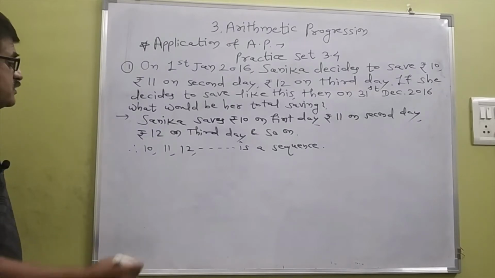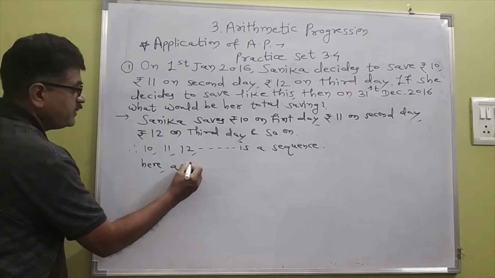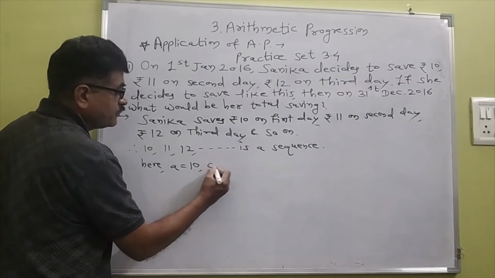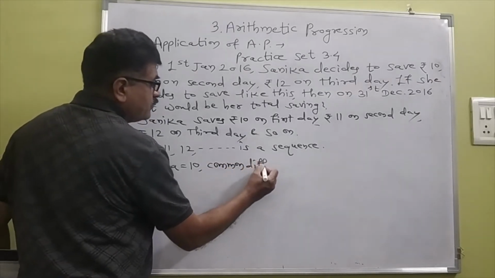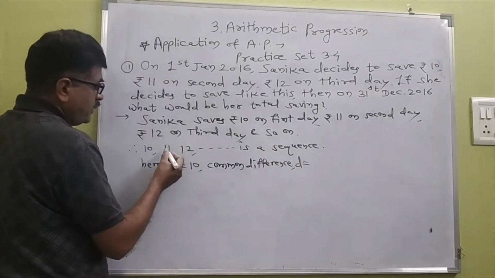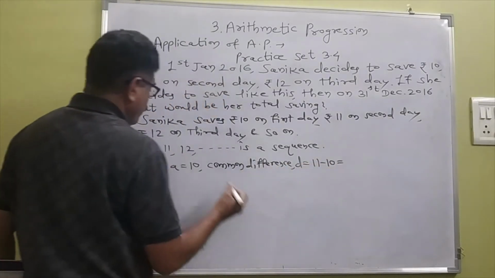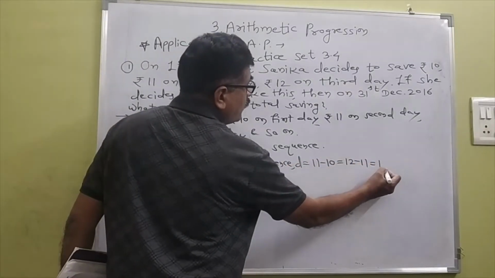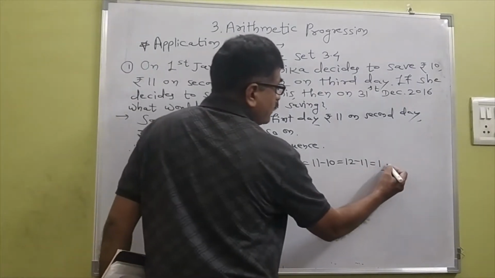Now in this sequence, the first term is equal to 10 and the common difference d is equal to 11 minus 10, which is equal to 12 minus 11, which is equal to 1, and 1 is a constant.